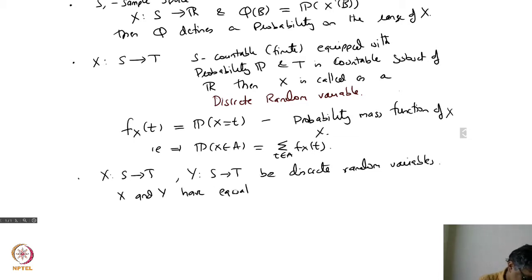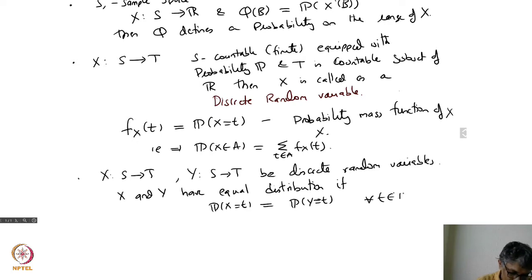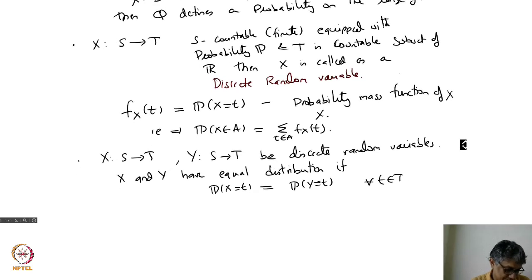Equal is defined this way: if the chance of X equal to t is the same as the chance of Y equal to t for all t. This is something that one has to learn.